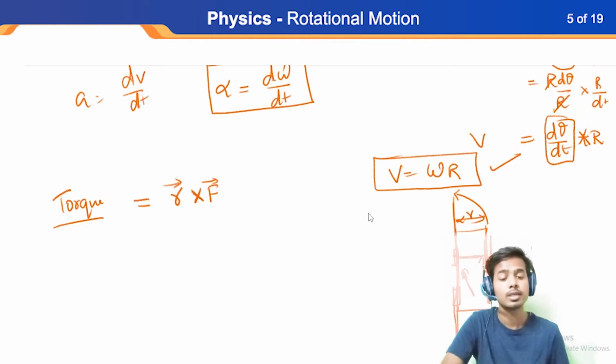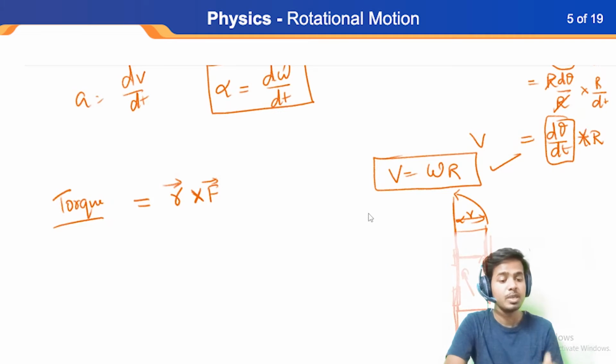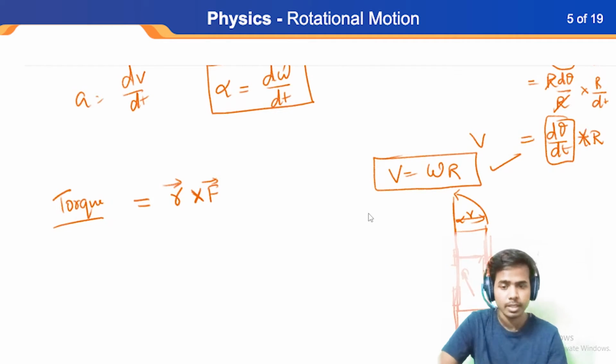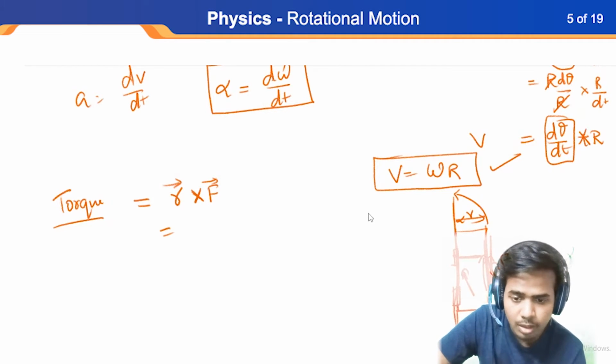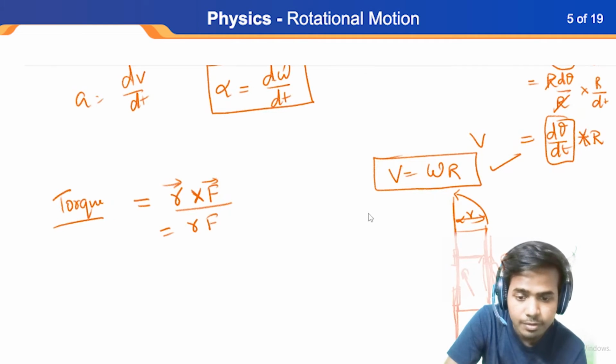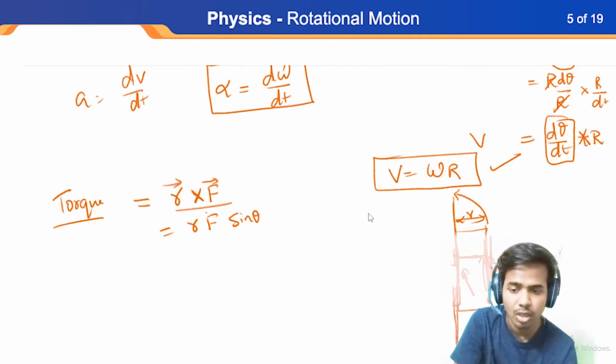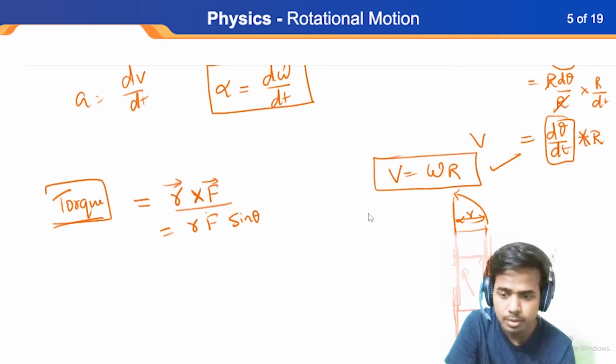Cross is the cross product. It means for the maximum torque, the angle between r and F should be 90 degrees, right? Because when you find the magnitude of the cross product, it is r F sine theta. All right, so this is called torque or the moment of force.